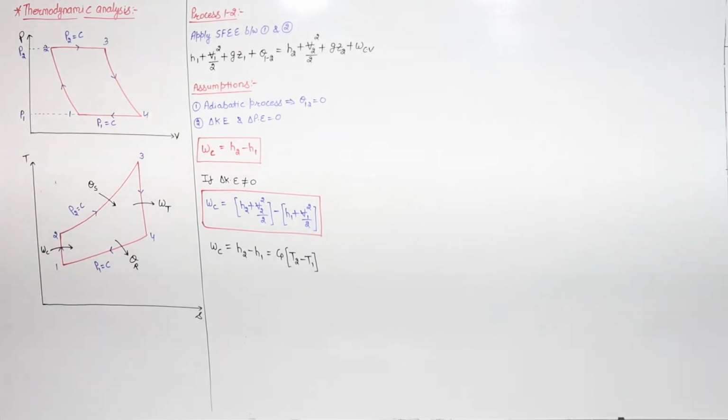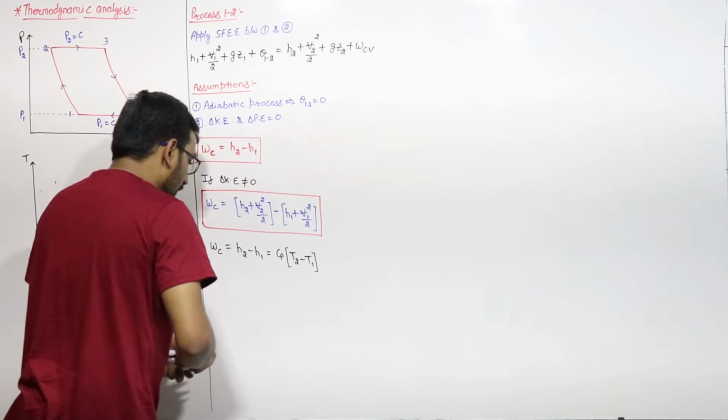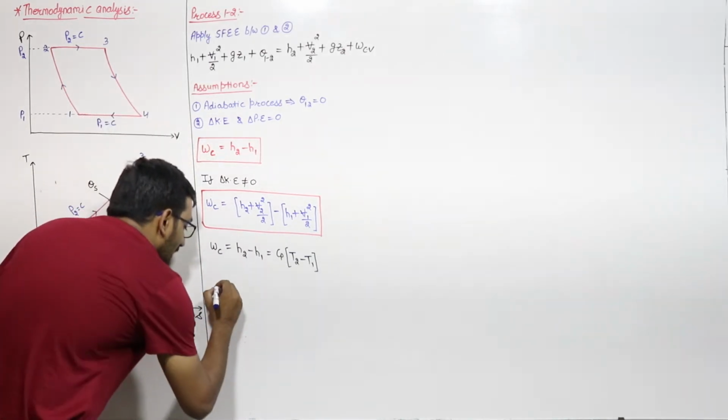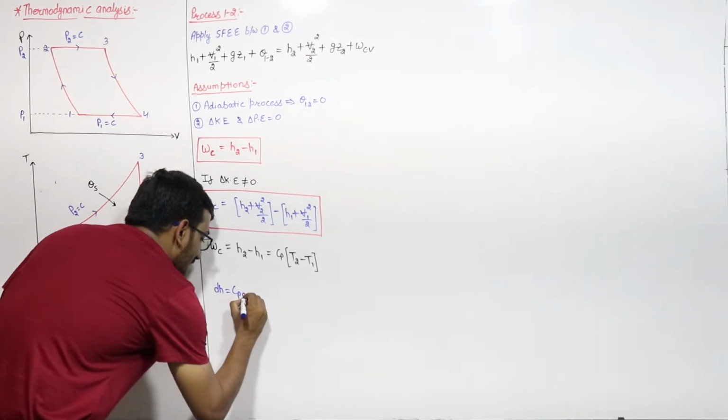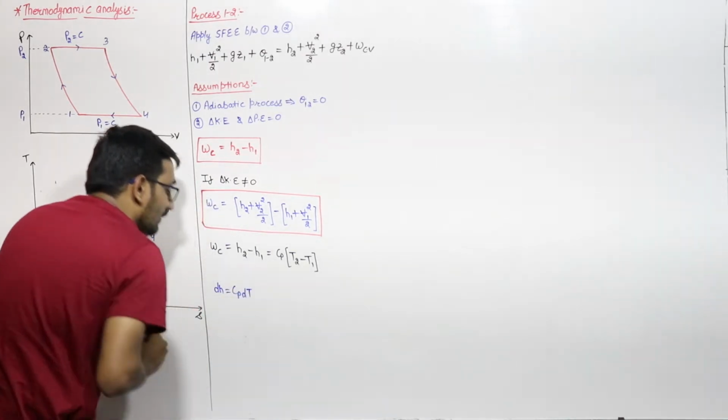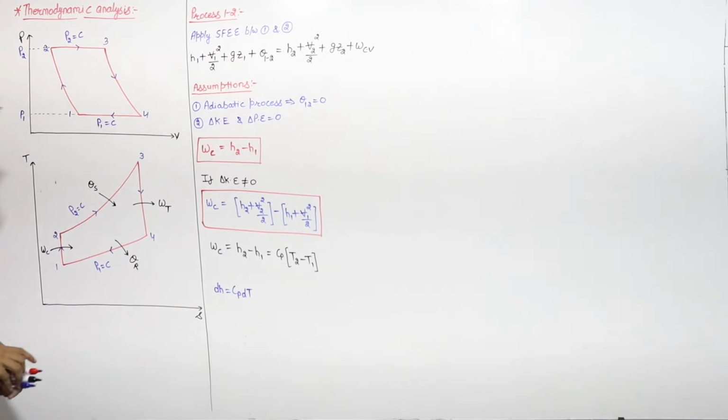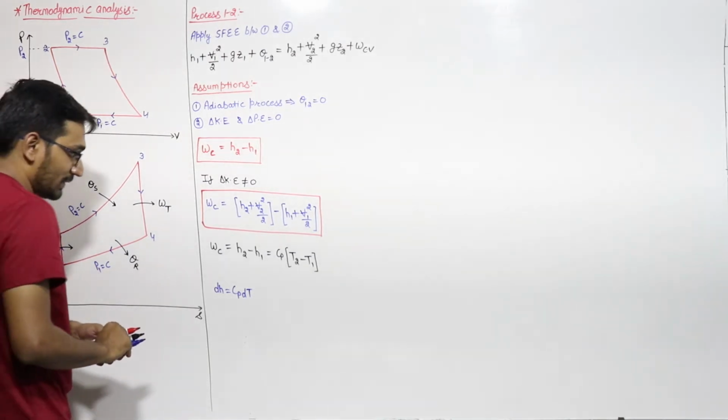You can write it like this. Why? Because dH can be written as Cp dT in two cases.